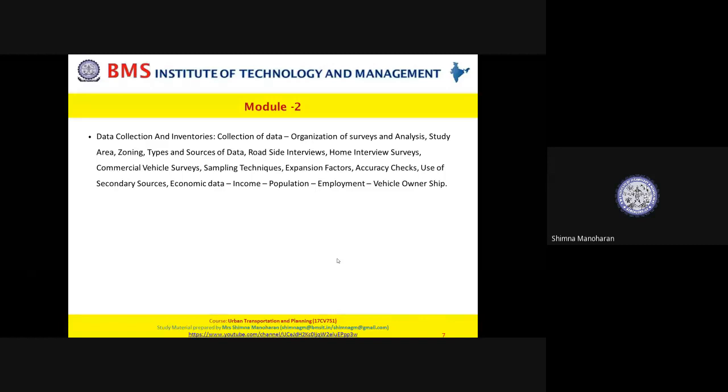So there will be some sampling technique, like how you choose or what sampling method you might be opting. So we will be seeing in detail, and this sampling technique is important for your research also, for your project studies also. You should know what actually the sampling techniques are. Then expansion factors, then how do we check the accuracy of the data, then what are the uses of secondary data, secondary source of data.